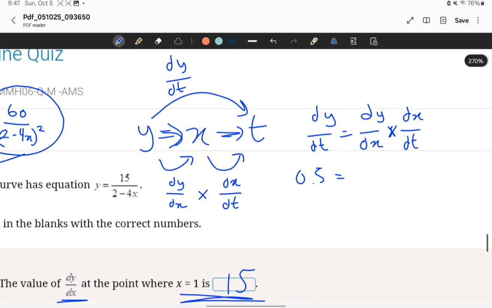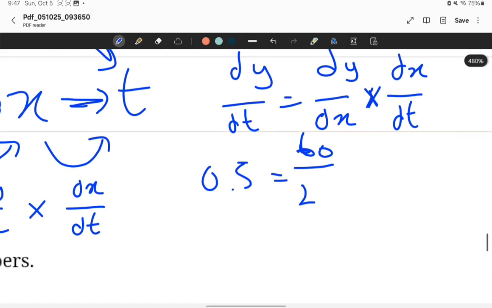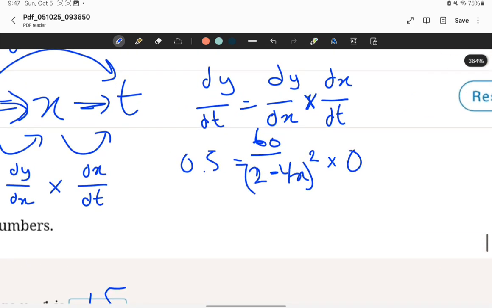So that means we're going to substitute here 60 over 2 minus 4x. No, sorry. Substitute 60 over 2 minus 4x all squared times dx over dt, so the rate of increasing of x, increasing at a rate of 0.3, times 0.3.